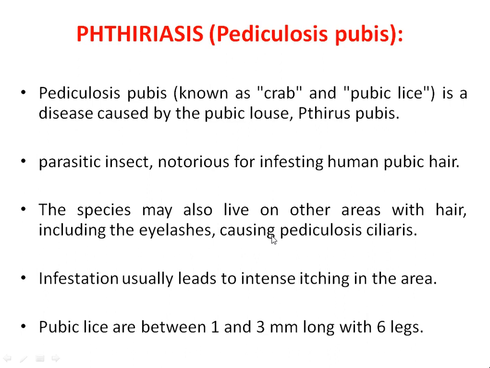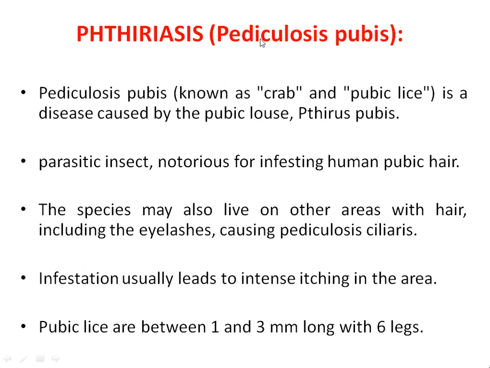Phthiriasis or pediculosis pubis. Pediculosis pubis is also known as crab louse, or it is also called pubic lice. It is a disease caused by the pubic louse, that is Phthiriasis pubis.